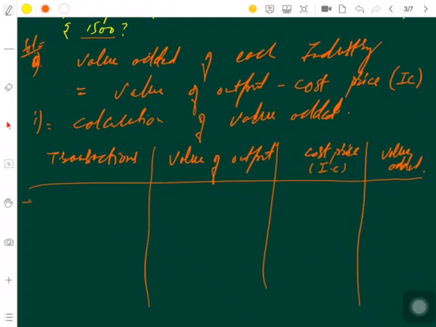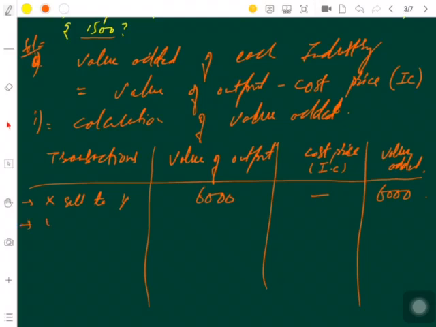Number first is X sells to Y for, look from the question, it is 6,000. His cost price we cannot determine, as this is the opening point, so it is nothing. The value added by him is 6,000.